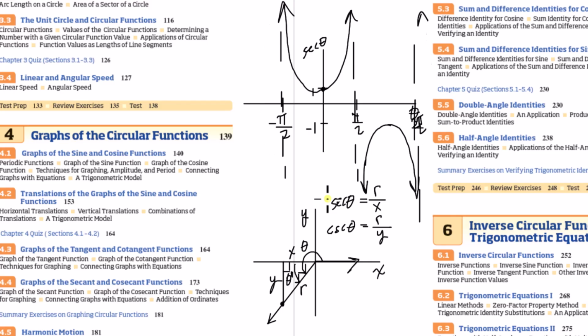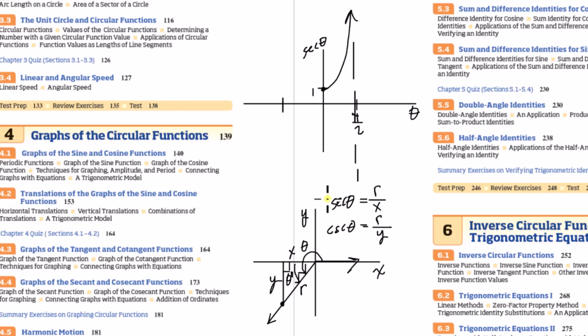Now we expect cosecant to be extremely similar, just like tangent and cotangent were similar, but they're going to be shifted relative to each other. So cosecant, we're going to have an asymptote at x equal to 0. So r over y, y is 0, and then you're increasing towards y.